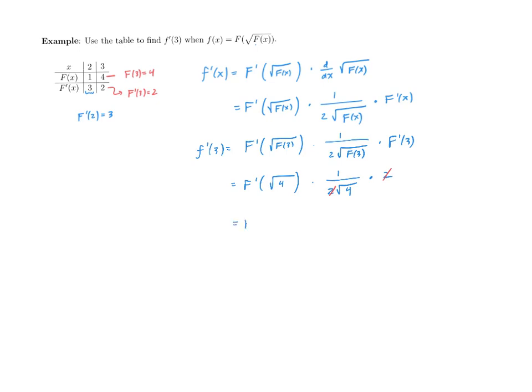So we have F prime of 2 times 1/2. And as we indicated earlier, F prime of 2 is the number 3. So this ends up being 3 times 1/2, which is 3/2.